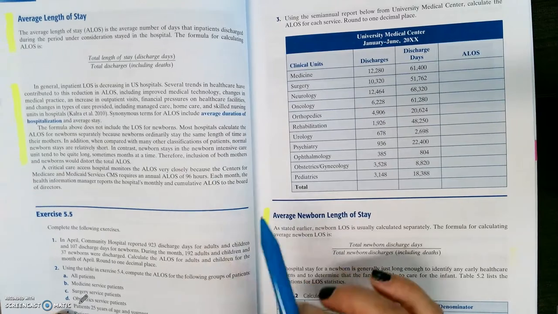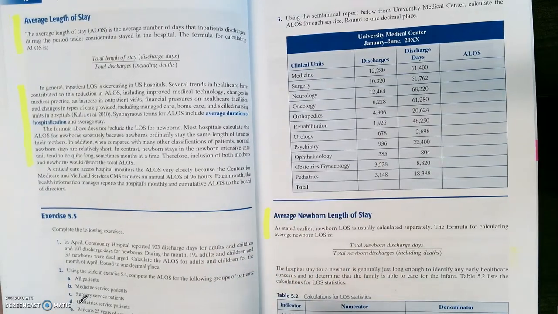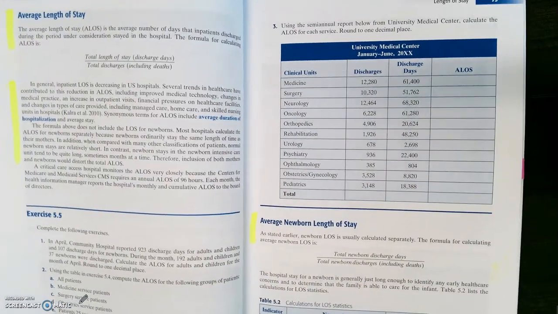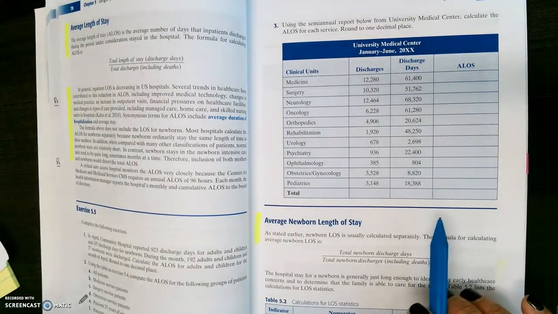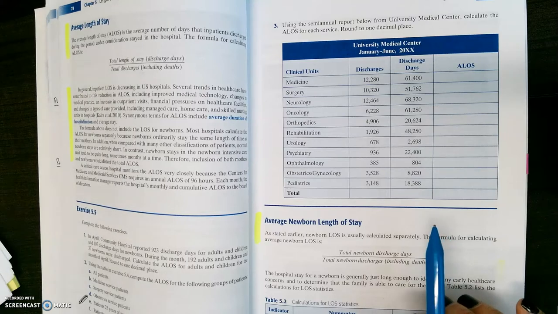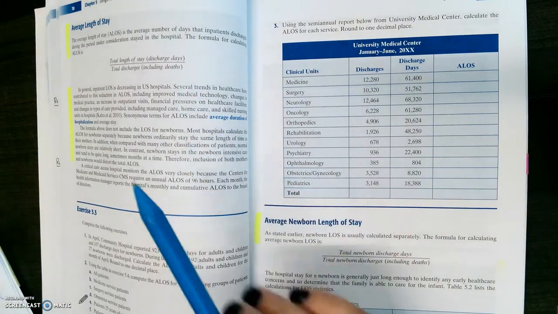Okie dokie. So exercise 5.5 you should have all of the answers to. We'll look at number 3 because that is actually the calculation using the formula on the page prior.